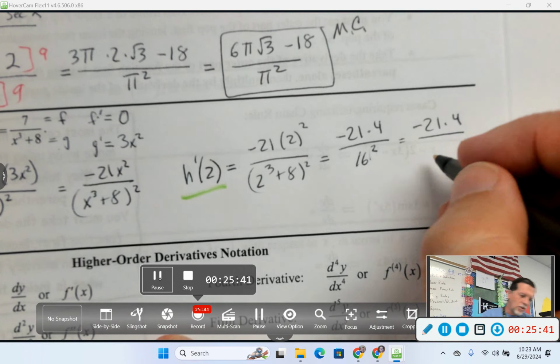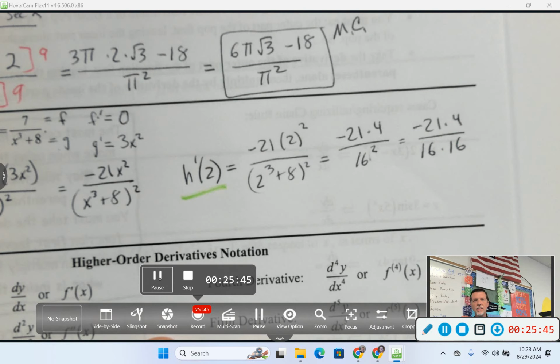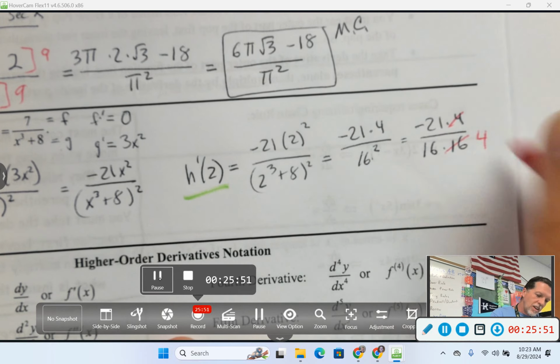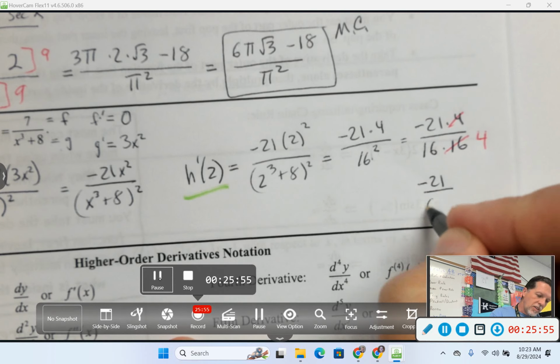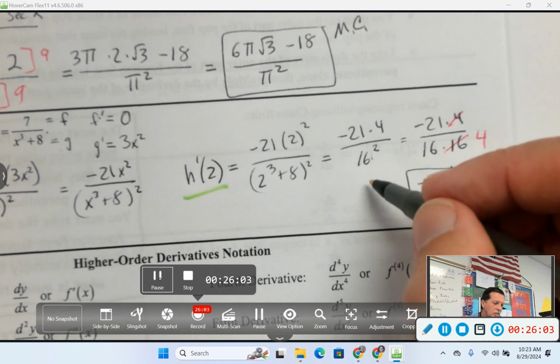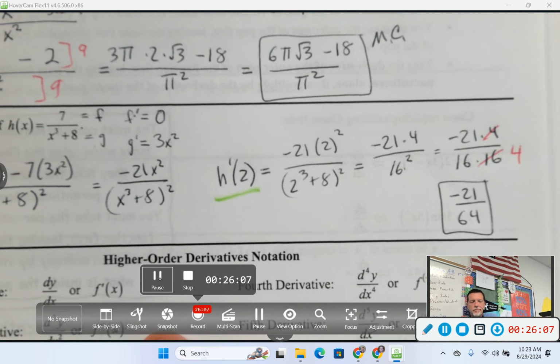I think I'm going to write out 16 times 16, which maybe seems weird, except that I can reduce 4 and 16 to just 4. And then 4 times 16 is 64. I don't know that everyone would have done it that way. 16 squared is 256, but then you have to reduce with 256, so whichever.